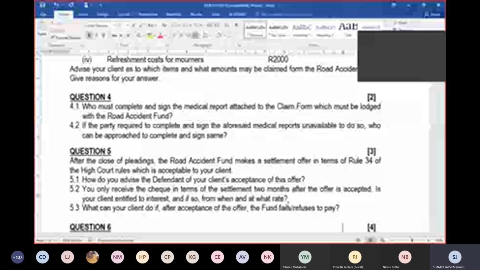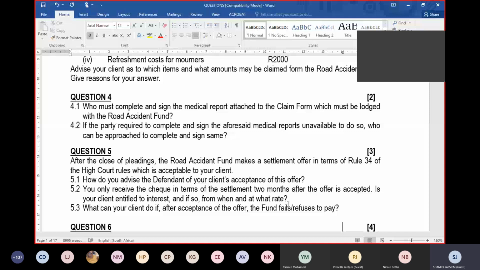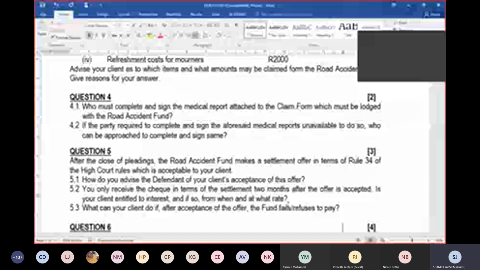5.3, what can you do if after acceptance of the offer, the fund fails or refuses to pay? So you have an offer and the offer was accepted. What can you do? Don't overcomplicate things. What do you think? What would be a simple answer?